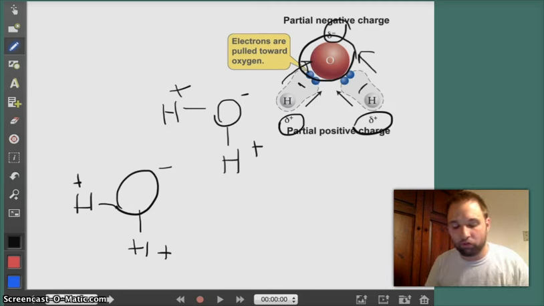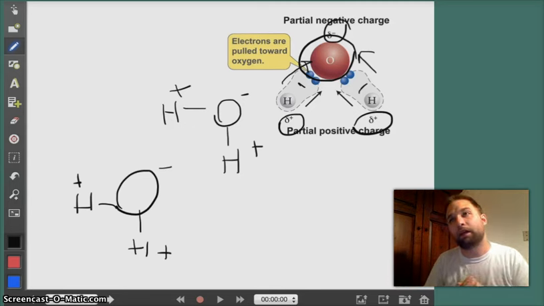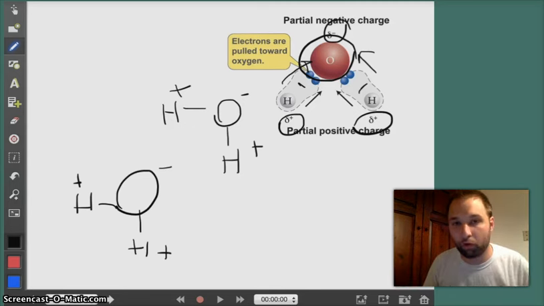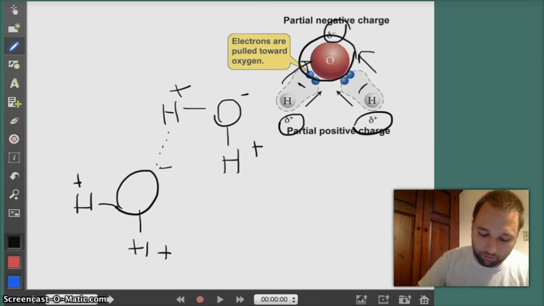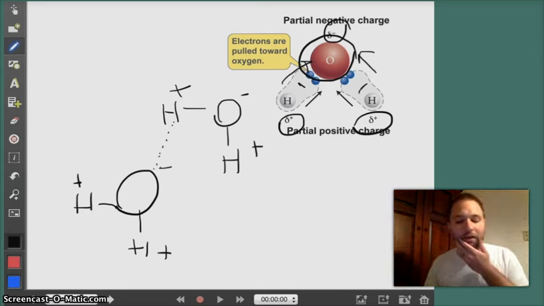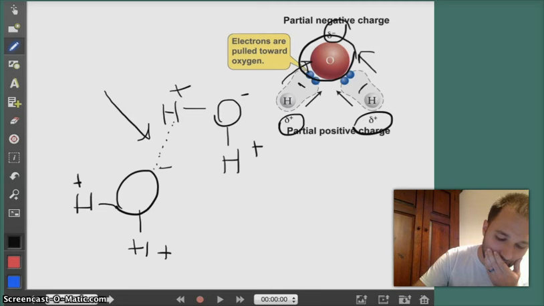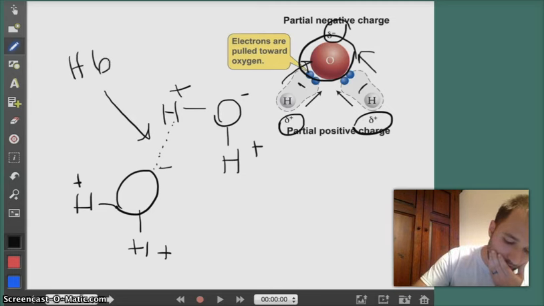So basically what happens is, when you have all your water molecules together in, let's say, a droplet, or in blood, which is made mostly of water, or the water flowing up the tubes of plants in the xylem, the slightly positive hydrogen and the slightly negative oxygen form an attraction, because opposites attract. I'm going to show it here with these dotted lines. They form what's known as a hydrogen bond, H bond, we're going to call that.